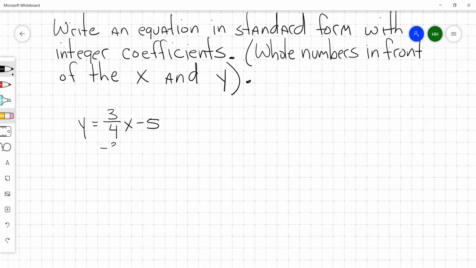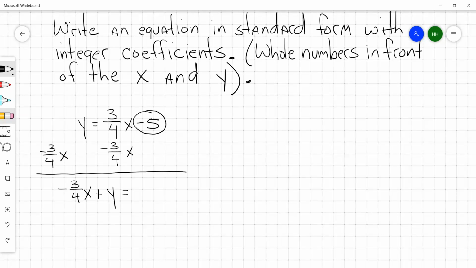So you subtract 3/4 x from each side. On the left-hand side of this equation now, we've got negative 3/4 x plus y equal to this 5. This 5 up here is negative, so make sure the negative 5 drops down.